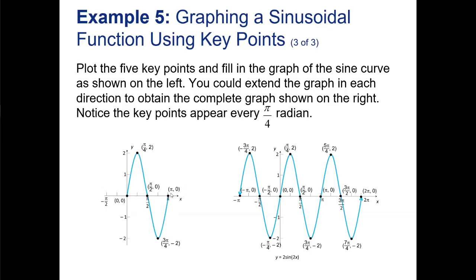If we realize that our period happens in pi, then we can extend that and just take this little picture and copy it, paste it right back here, and go each direction. And then we would just put this little arrow saying, okay, what we're doing here goes on forever.